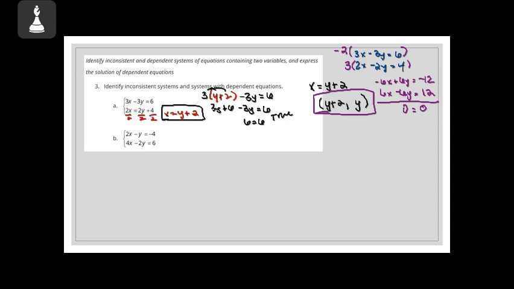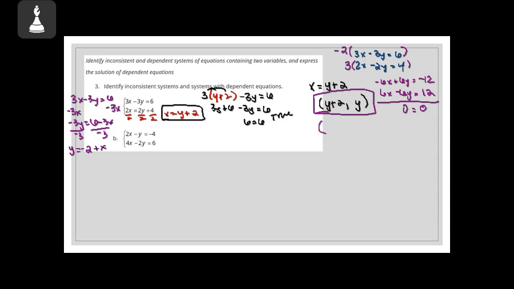So subtract 3x from both sides. I've got negative 3y equals 6 minus 3x. And divide everything through by negative 3. So y is equal to negative 2 plus x. So this time, it's any x, and then y is negative 2 plus x.